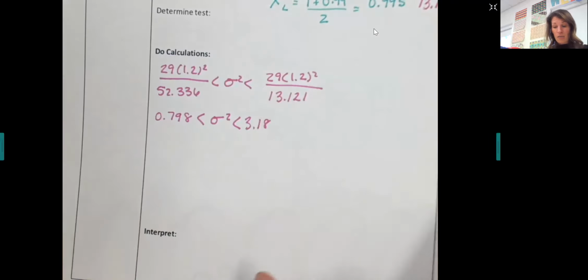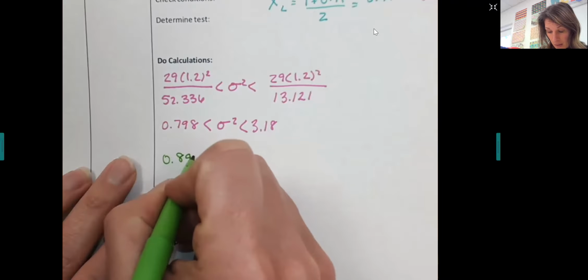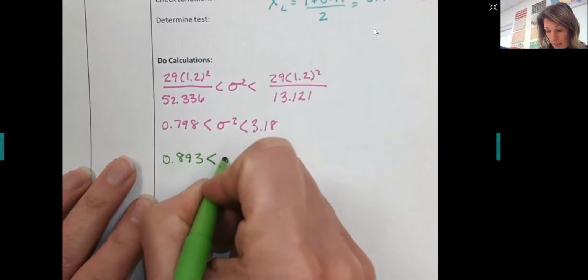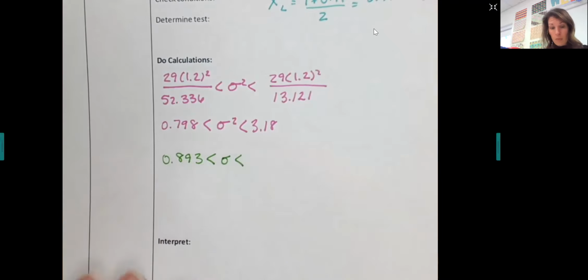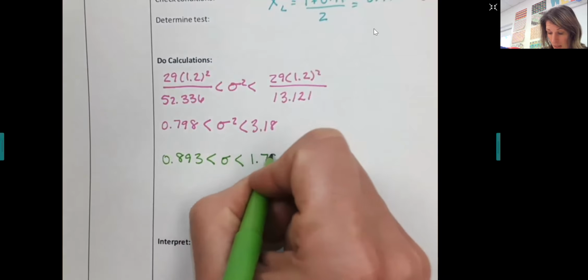And it's going to give me a value of 0.893, which is less than my standard deviation, which is less than, again, I'm going to put the 3.18 into my calculator. I'm taking the square root of that. So the square root of 3.18 is 1.78.